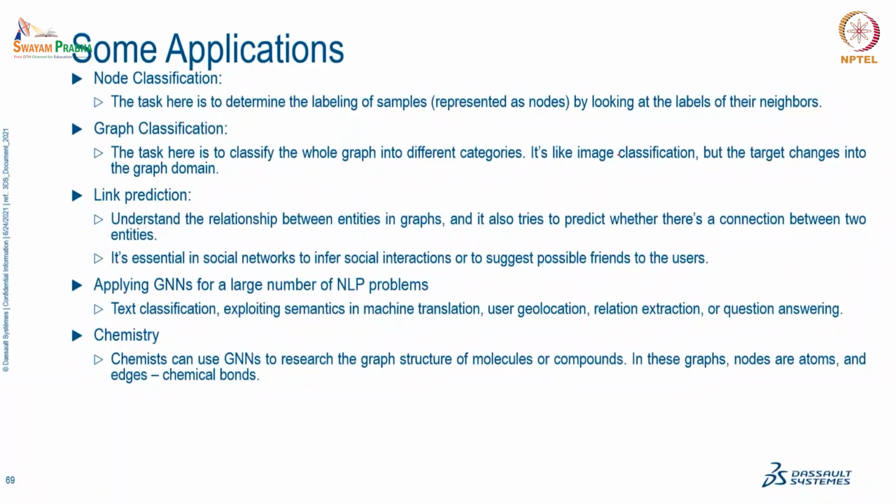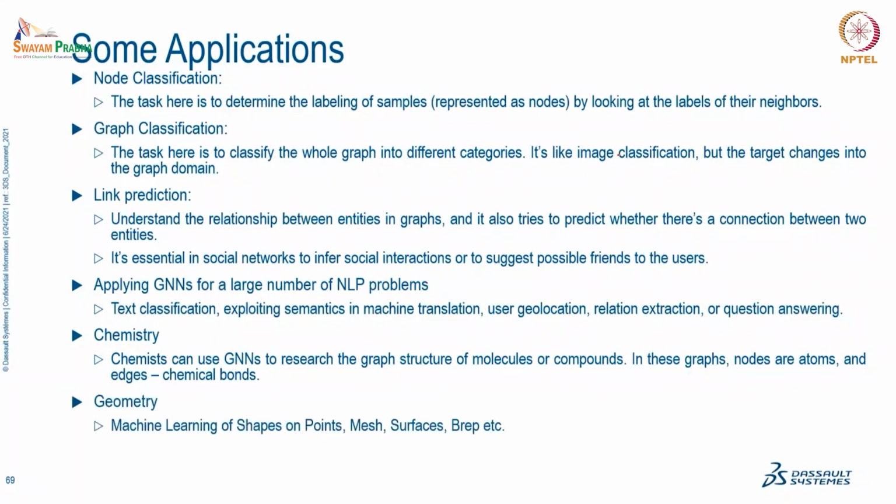Such applications can be done, but for that you require a large amount of data. So this is basically an application of GNNs in chemistry or the pharmaceutical side of things.